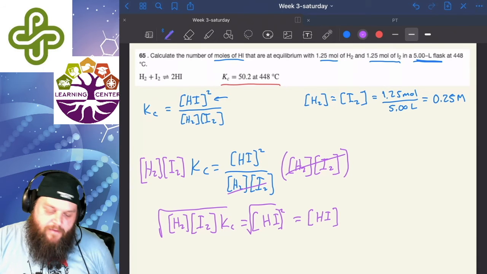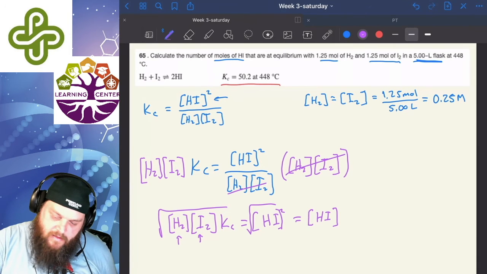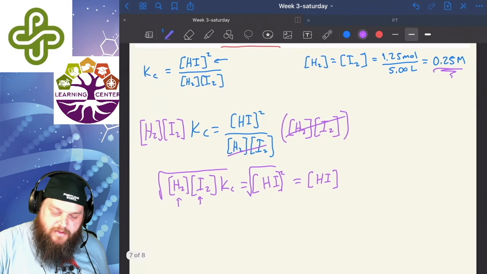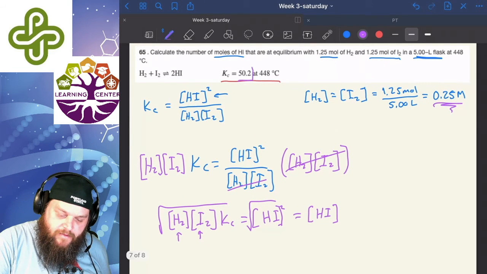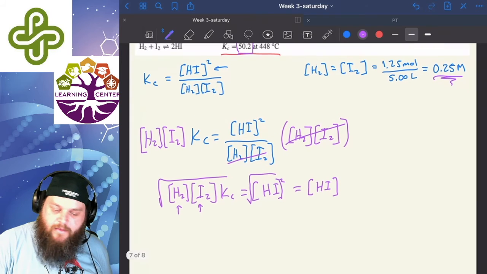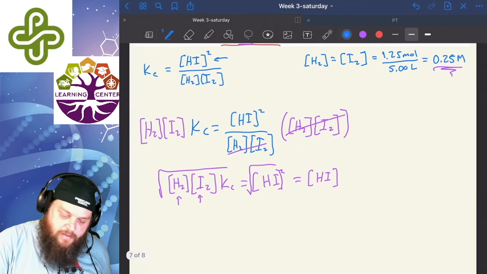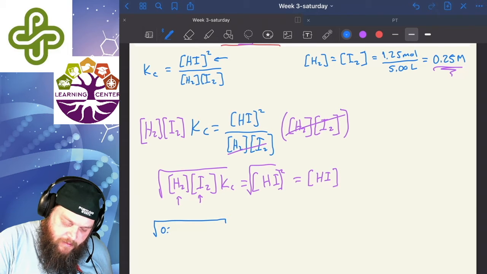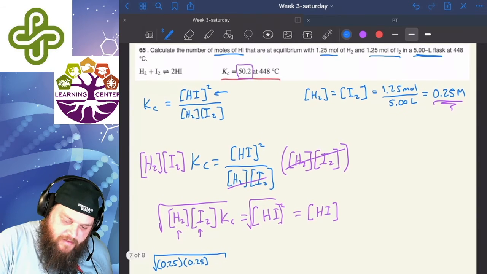Now we have what these concentrations are. We solved for those up here on the left, so we can just plug those in now. We also have the Kc value of 50.2 at that temperature. So plugging those values in, I have the square root of 0.25 times 0.25 times this concentration, which is 50.2.